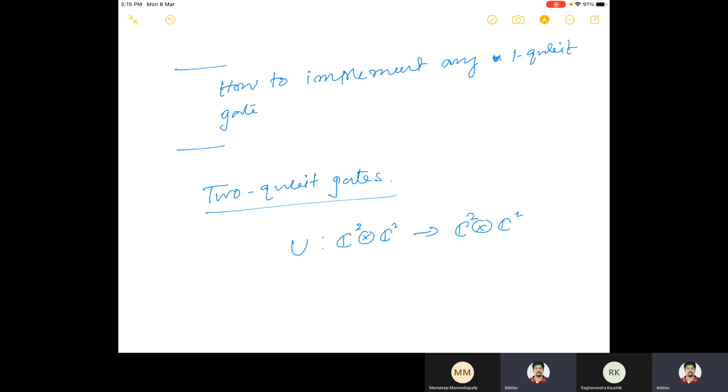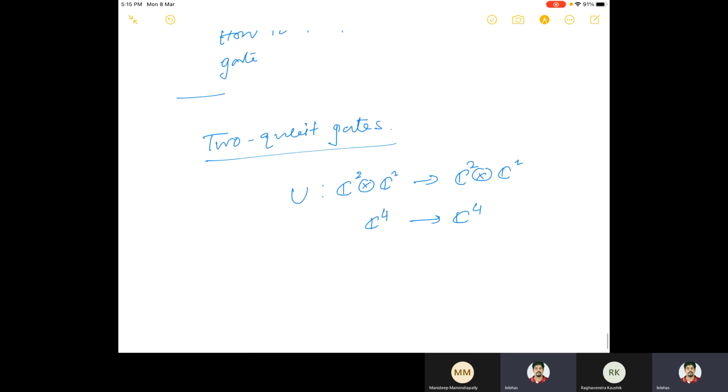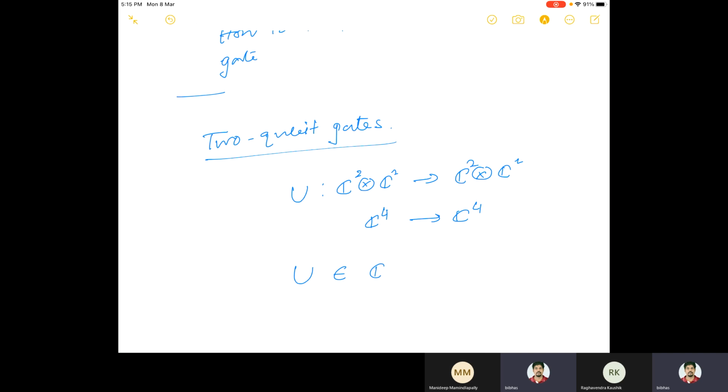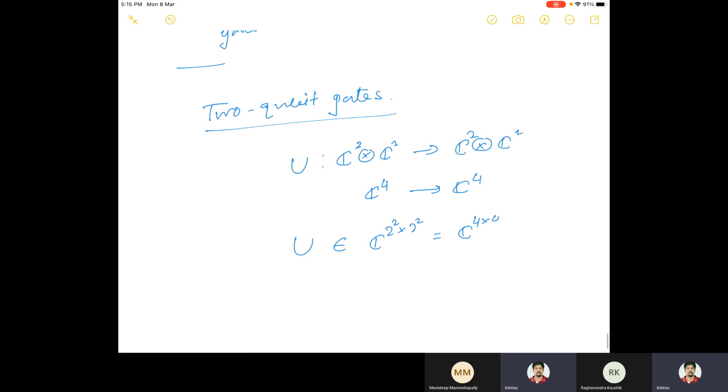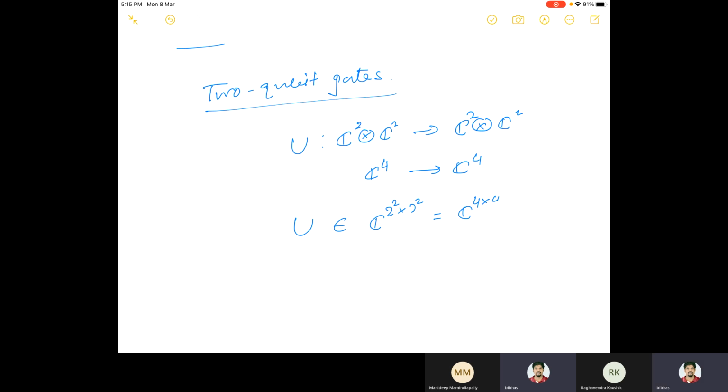So basically it is from C^4 to C^4. So U belongs to C^(2²×2²), which is nothing but C^(4×4). So it is a 4 by 4 unitary matrix, and this can be called a two qubit gate.